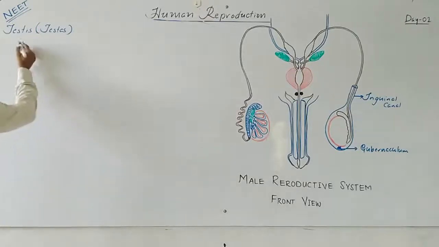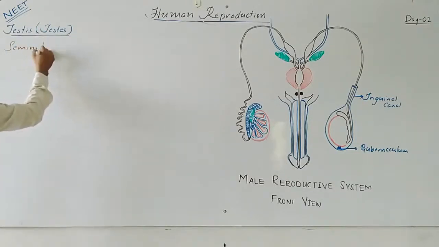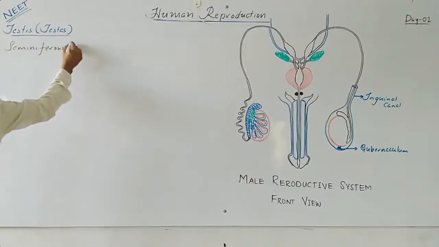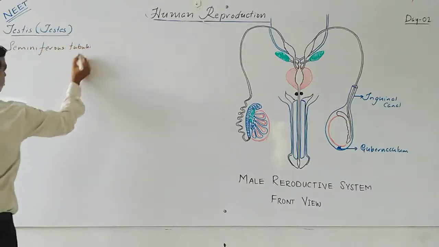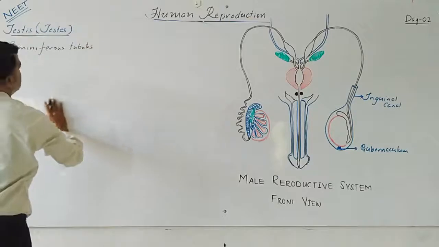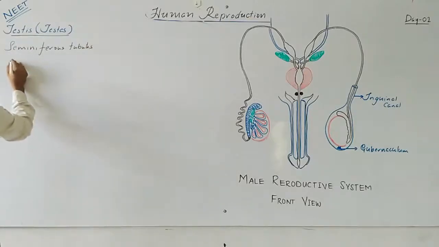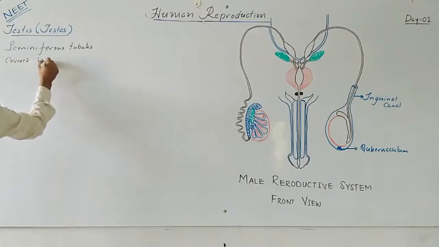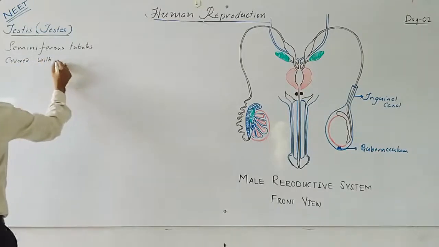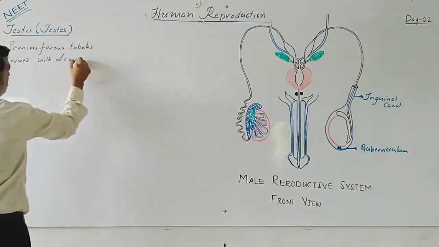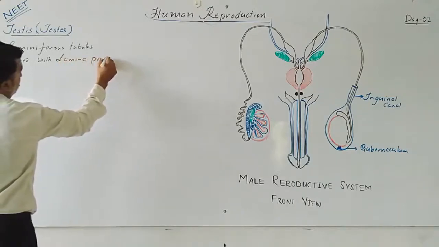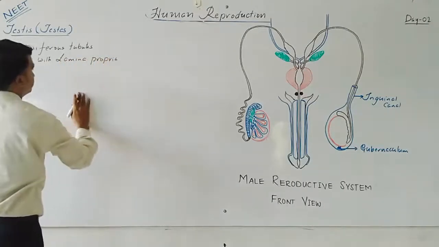Now, seminiferous tubules are covered with lamina propria.